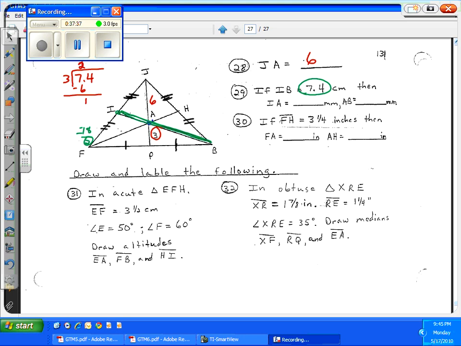with 1.4 left over. You put your remainder 1.4 over your divisor 3.